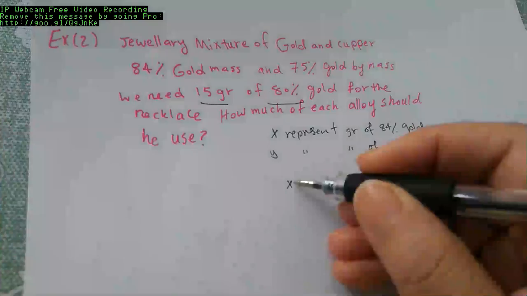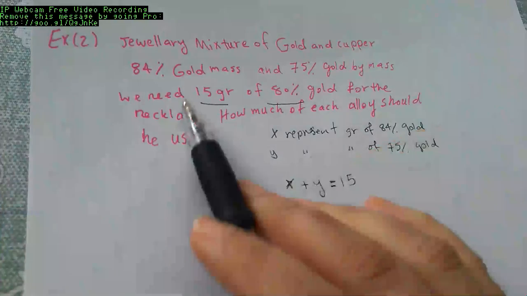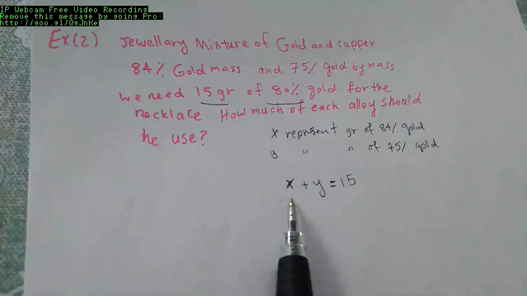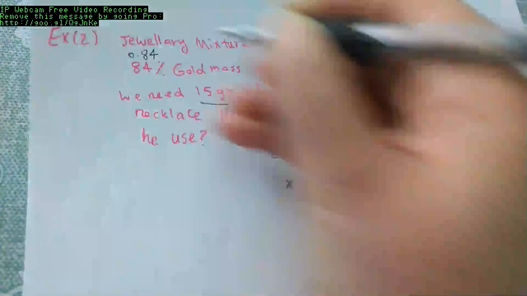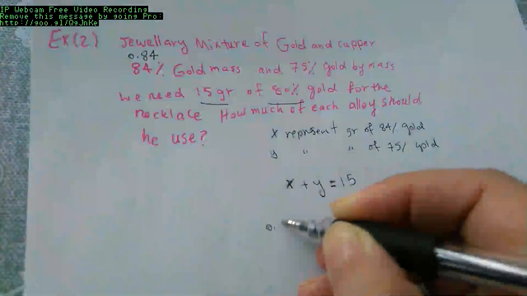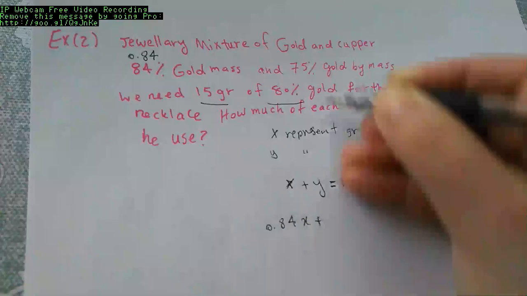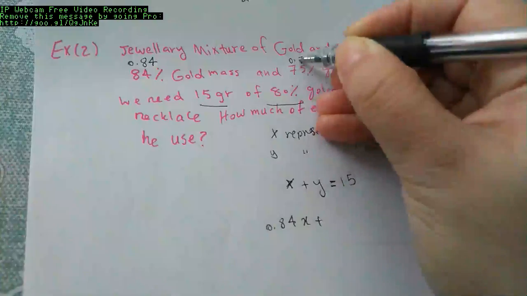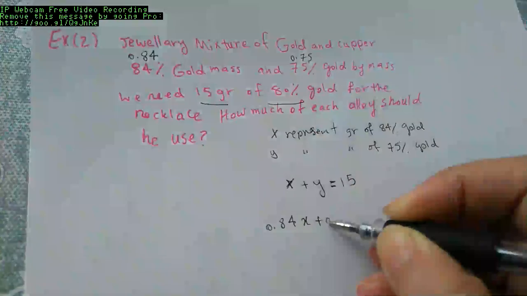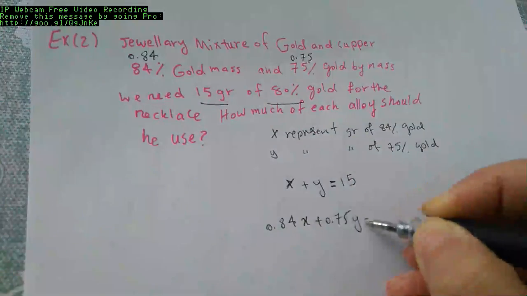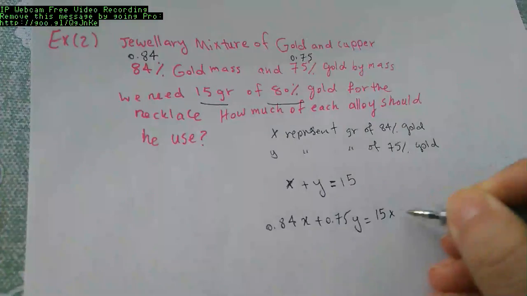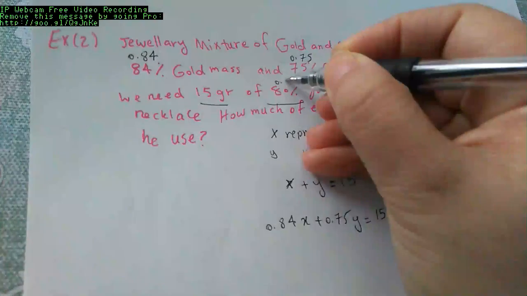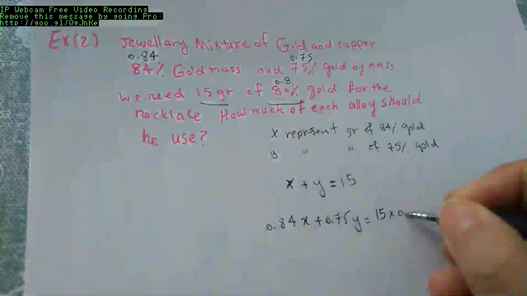Also, the percentage, if you multiply that by this: 84% is 0.84. 0.84 multiplied by X plus 0.75 multiplied by Y is equal to, so this is going to be 80%, so 15 multiplied by 0.8.